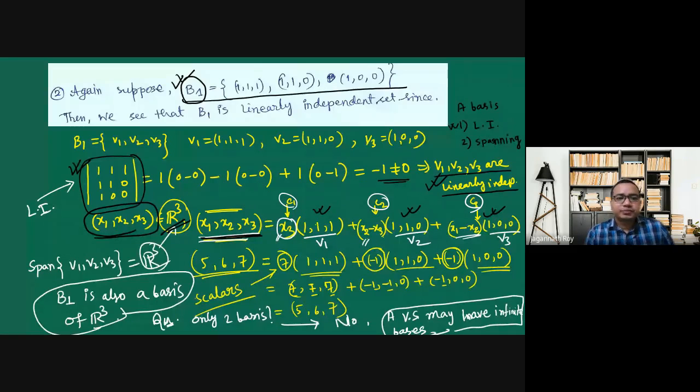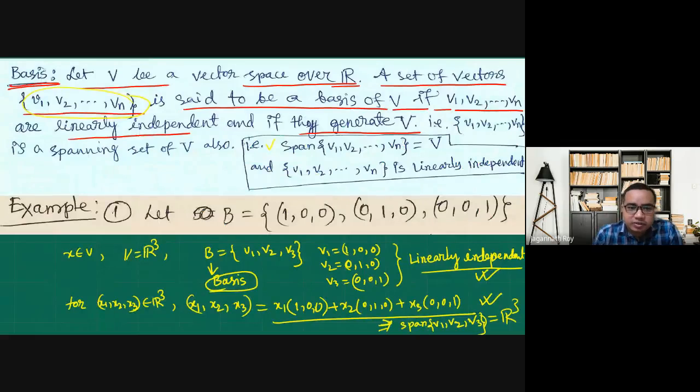Then we will conclude that this is a spanning set. So once these two criteria are satisfied, we can call it a basis of the given vector space. So that is the idea. Earlier we saw this is our standard basis: 1 0 0, 0 1 0 and 0 0 1. Hereafter we will call it the standard basis.